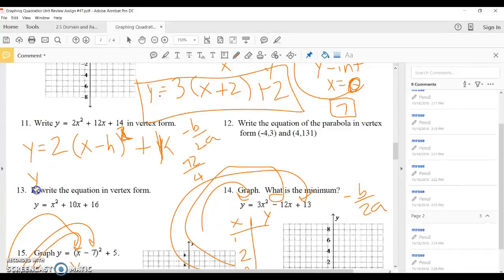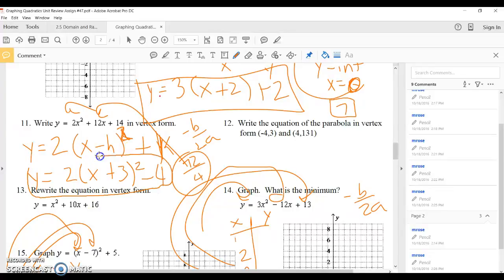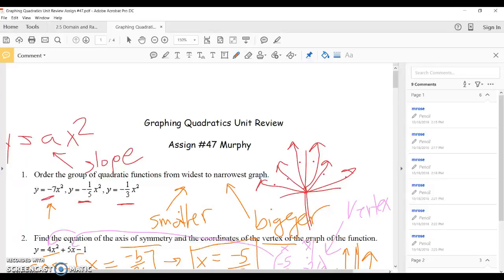So it's negative 3, so you get y equals 2x plus 3, because a negative negative makes it positive. And plug in whatever you get, like that negative 3 into here. When you plug negative 3 into there, you should get negative 4. Okay. That's essentially how you go through and do all of those problems.